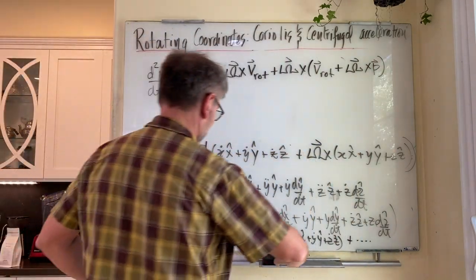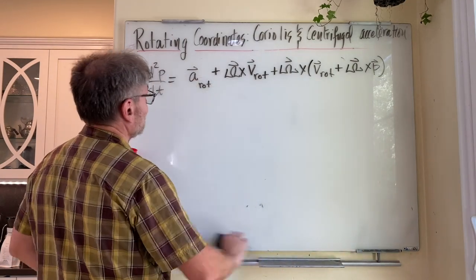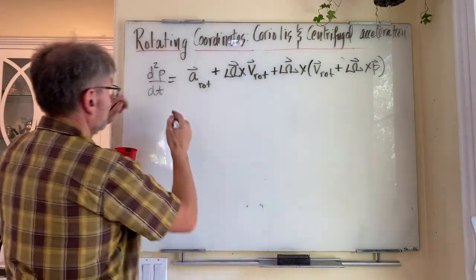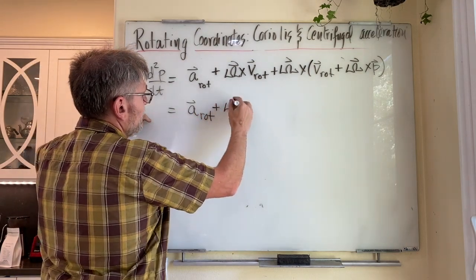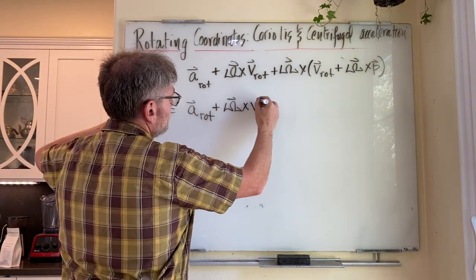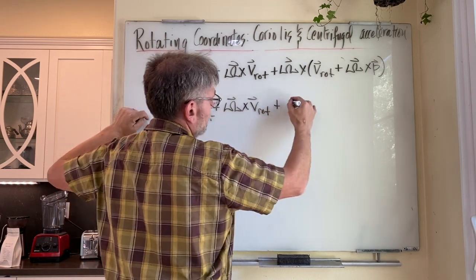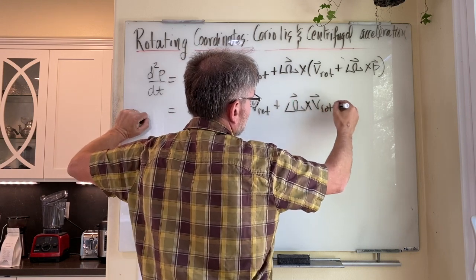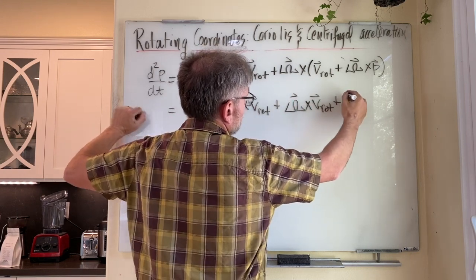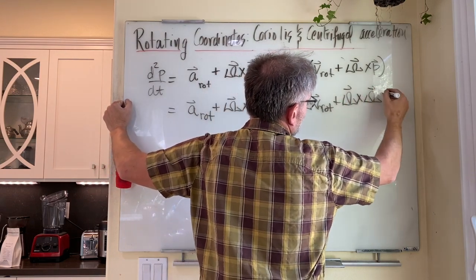All right, so it's starting to look good. And what we have is a in the rotating frame plus omega cross v in the rotating frame plus, and now I'm going to distribute omega cross v in the rotating frame plus omega crossed with omega crossed with p.